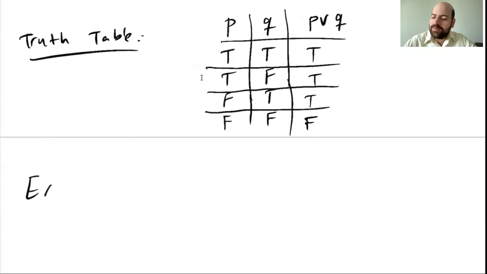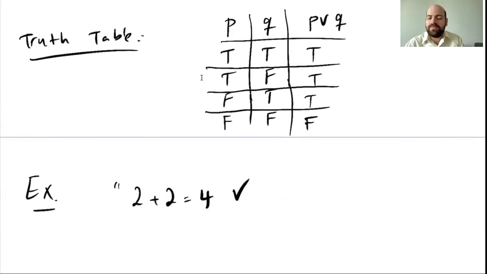So let's look at an example. So we said 2 plus 2 equals 4. This time, let's say we say or. If we say sentence 1 or sentence 2, when can I say that the compound sentence is true? Well, even if one part is true, the overall compound sentence is still true.